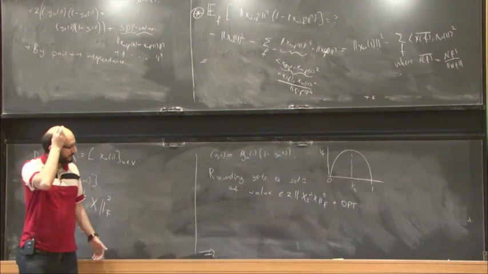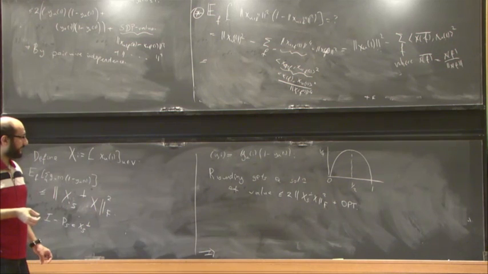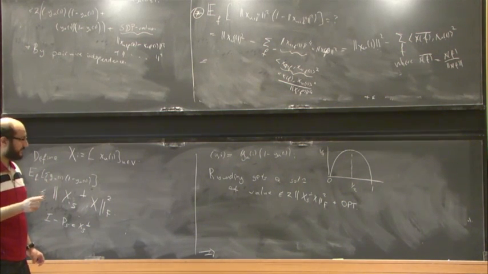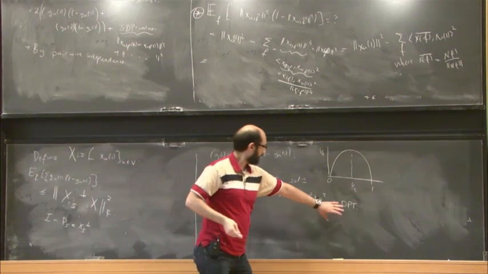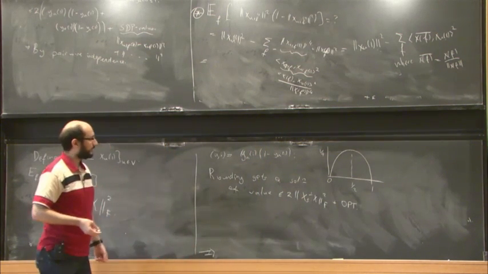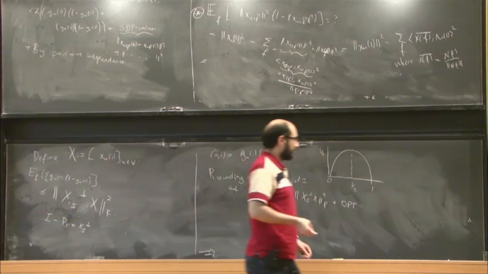So basically, after rounding the solution, how much its value is larger than the SDP optimum is upper bounded by this quantity here.